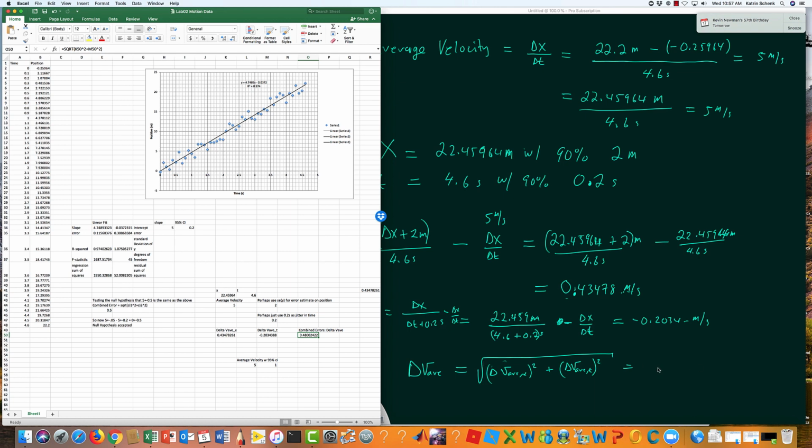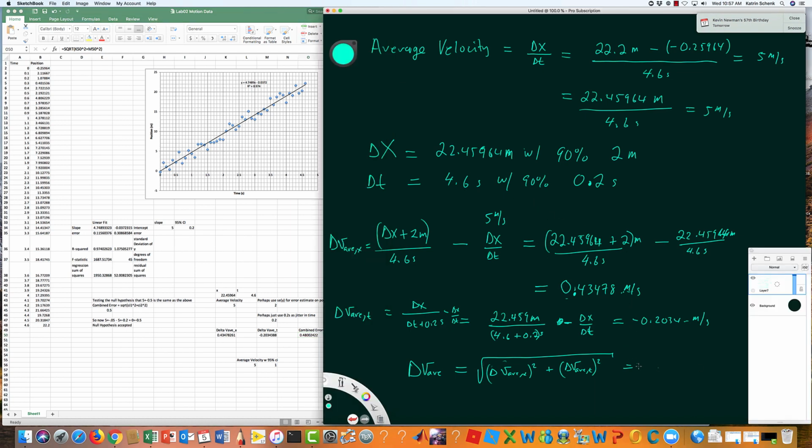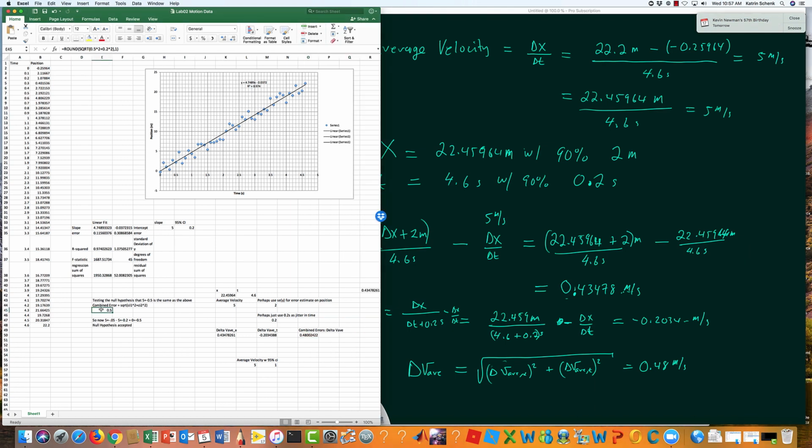And I end up with just 0.48 meters per second. I'm rounding, obviously. So this is the combined error. And I would round that to one significant figure, i.e. 0.5, okay? And that's here.